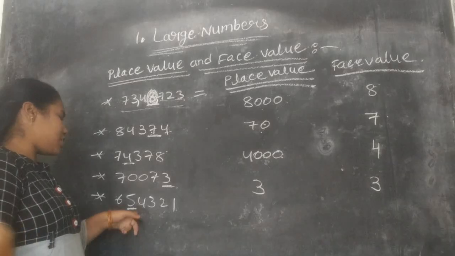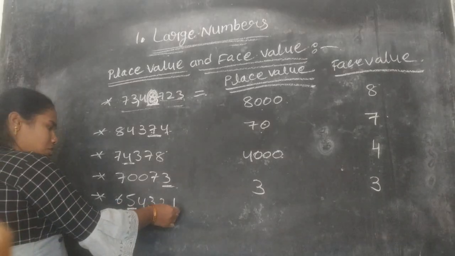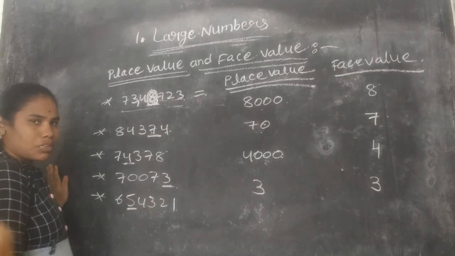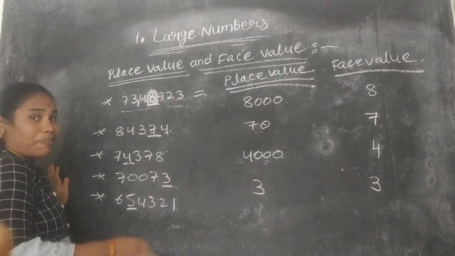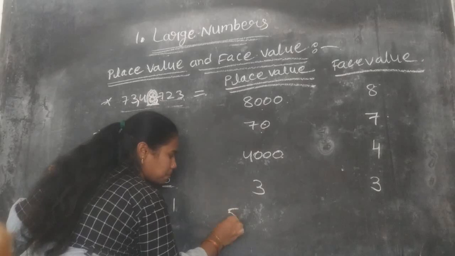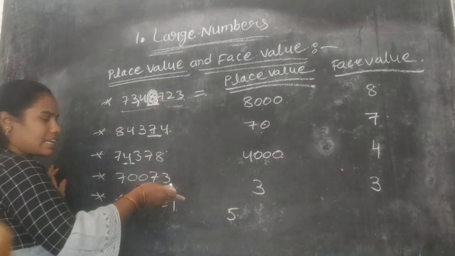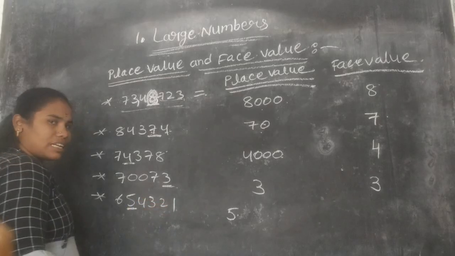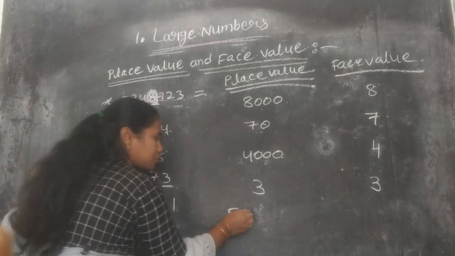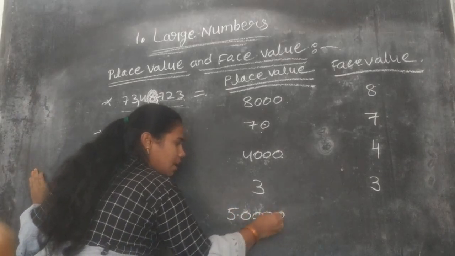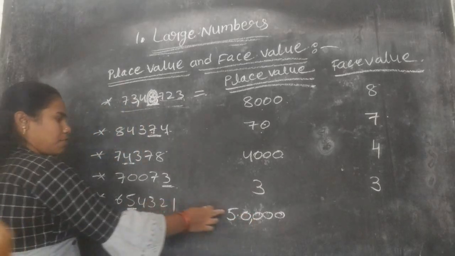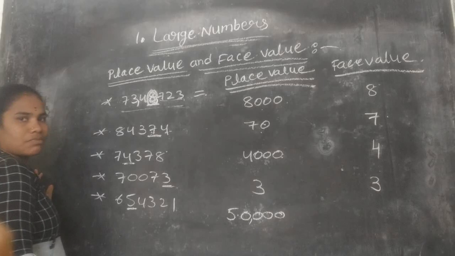And 5 is underlined. Ones, tens, hundreds, thousands, ten thousands. So ten thousands means 50,000. Just write the 5 as it is. 1, 2, 3, 4. How many digits are there? 4. Put the 4 zeros. Understood? 50,000.